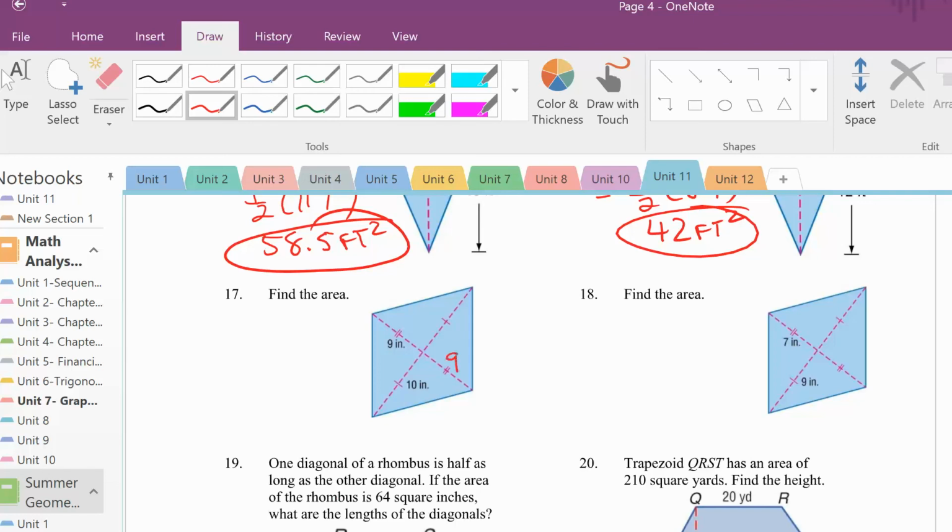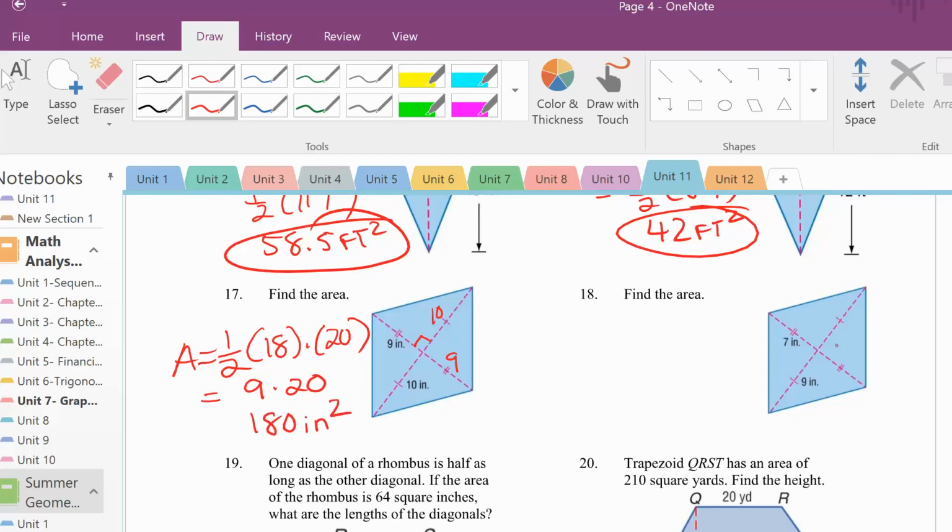Now notice this is 9, and then this is 10 and 10. And remember, in a rhombus, the diagonals are perpendicular. But remember also, in a rhombus, the area is 1/2 of, the whole diagonal here is 18, times 20, which is the other whole diagonal. So it's equal to 9 times 20, which is 180 square inches.